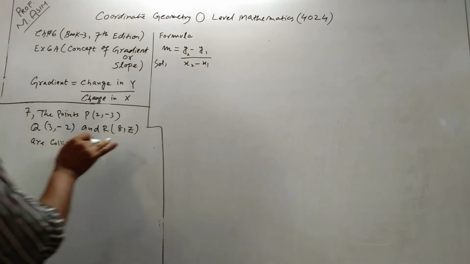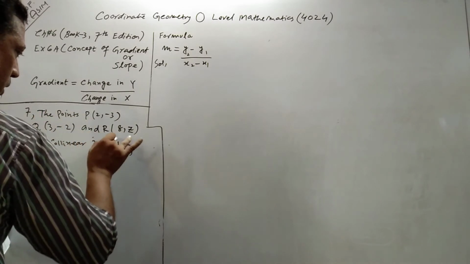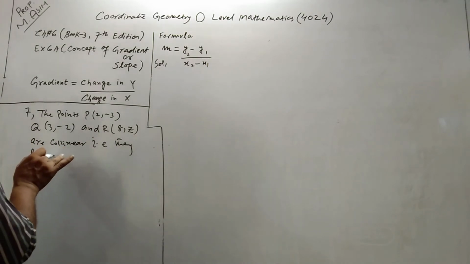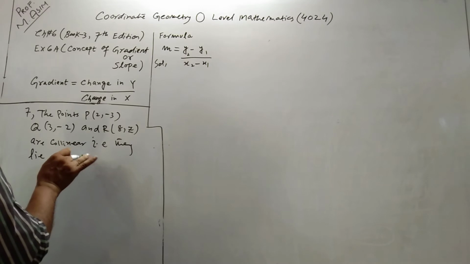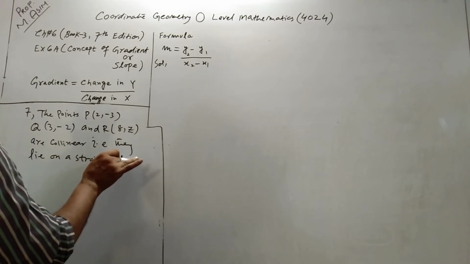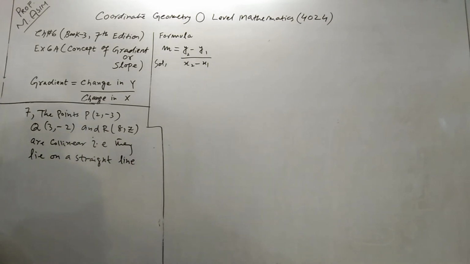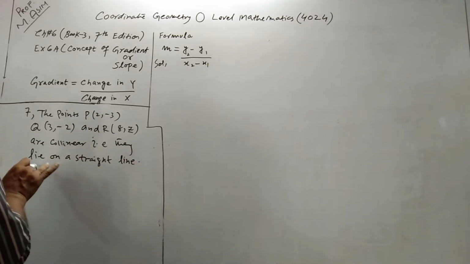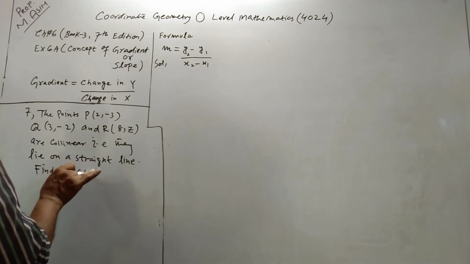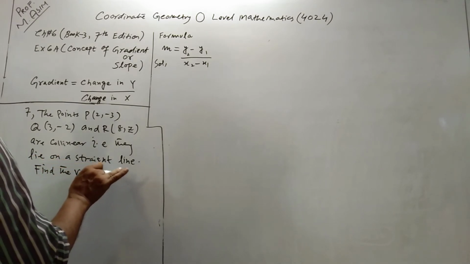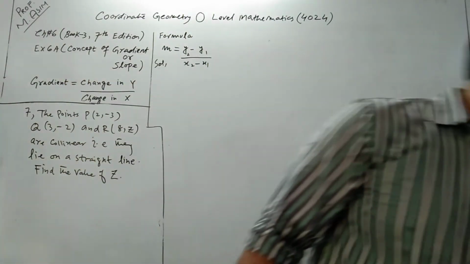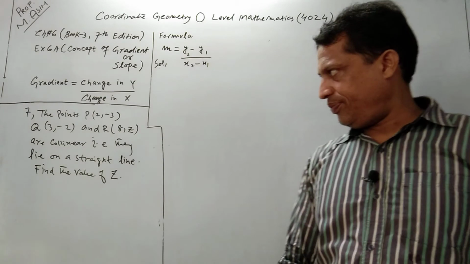That is, they lie on a straight line. Find the value of Z. Very easy question.